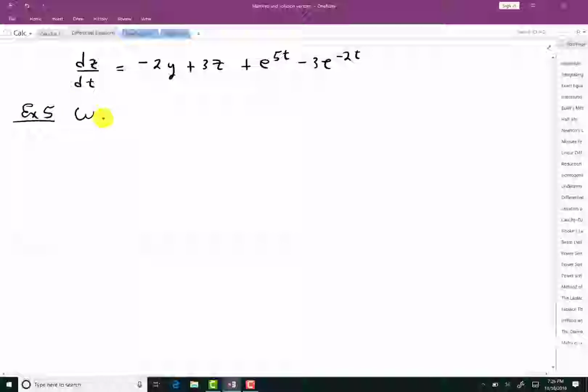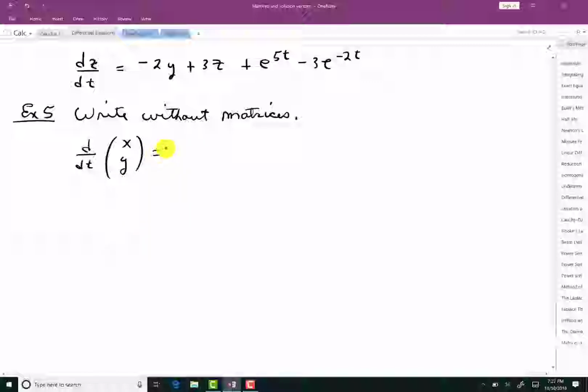Another one, write without matrices. Here what I give you is d over dt of the vector xy. When I write that, that means that you'll apply the derivative to both x and y. X and y, I didn't say it, but they are functions of t, each one of them.